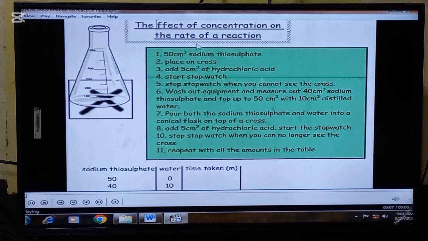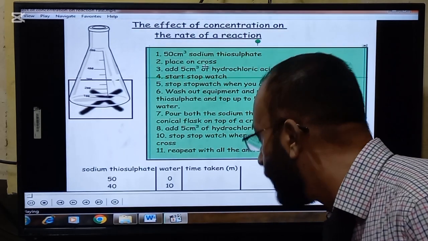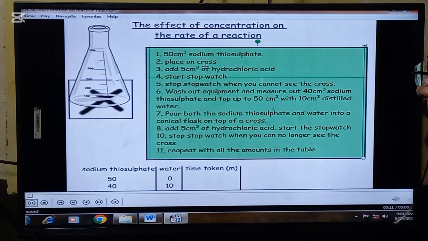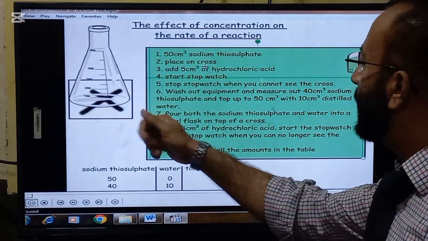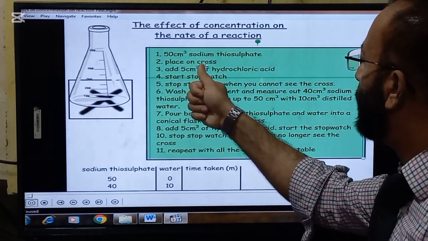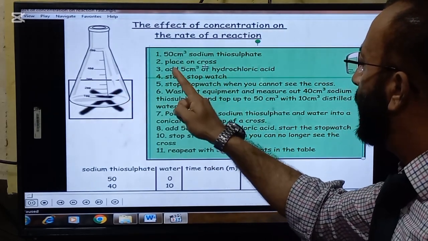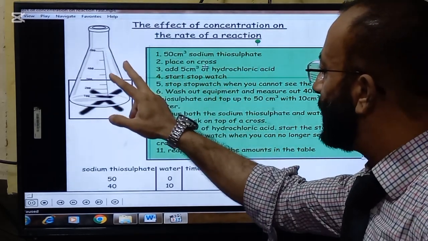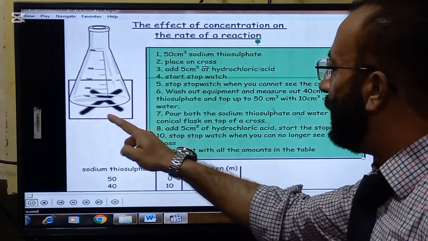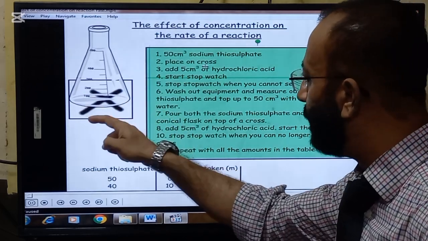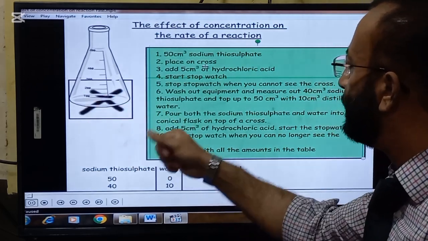Now look at the colourful flask. This is a flask in which 50 cm³ of sodium thiosulfate is going to be put. This flask will be placed on a piece of paper on which a cross is marked.